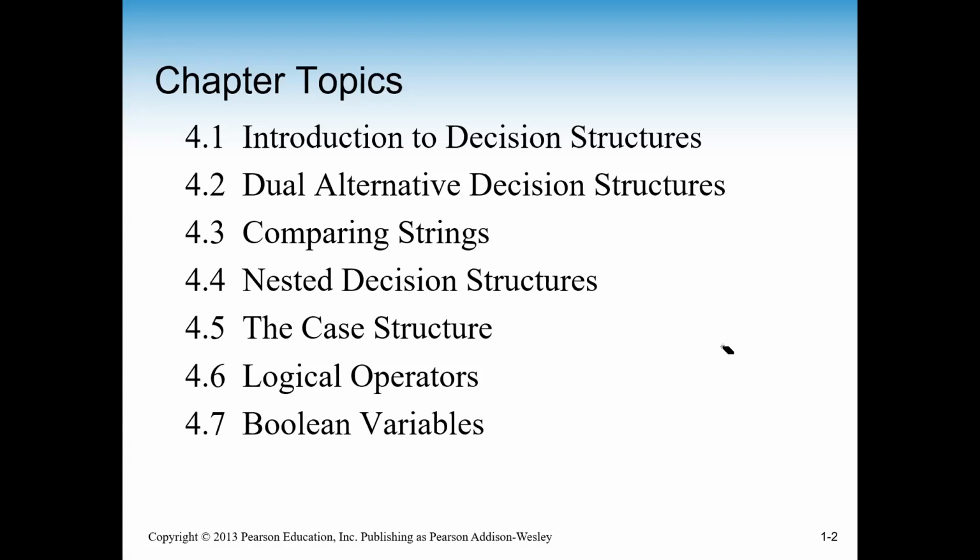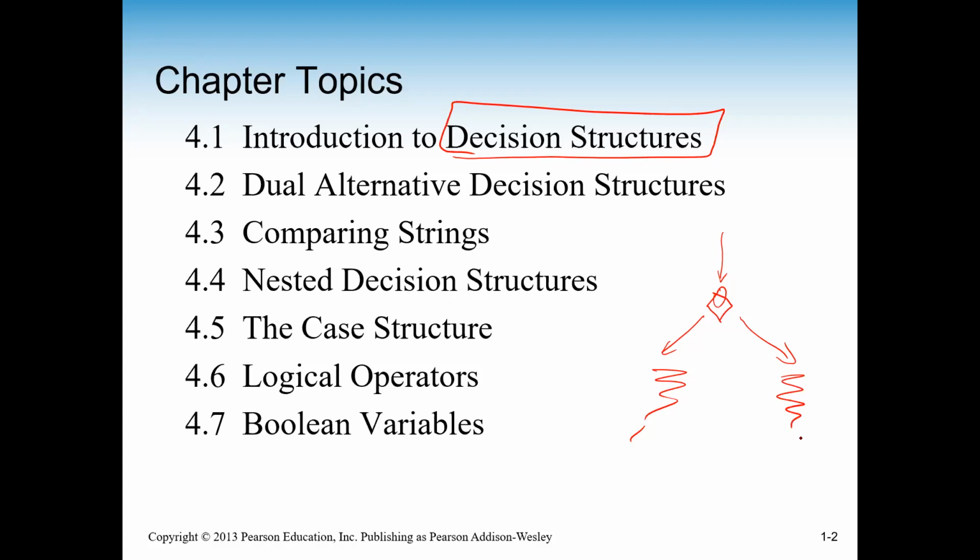All right, so as I said, decision structures: this is the idea of how information flows in a program. You have to think of these flow charts, right? Now we might come to a branch point, and you want to decide, do I go in that direction or do I go in that direction and execute this sequence of commands or this sequence of statements?